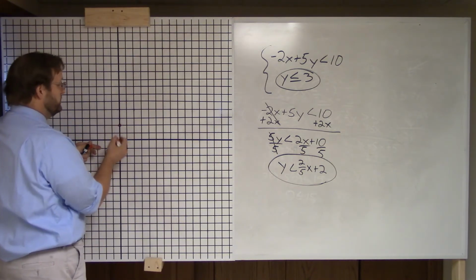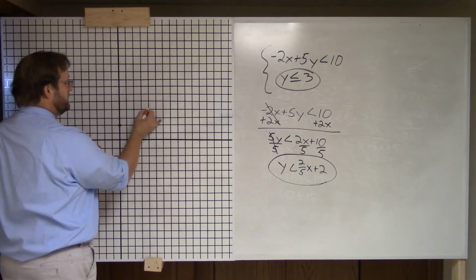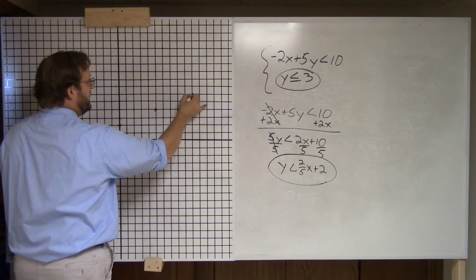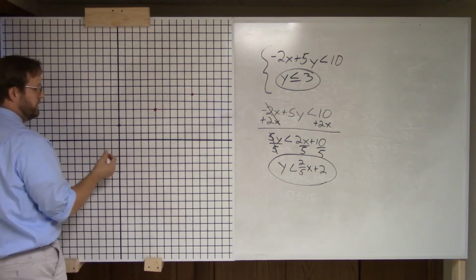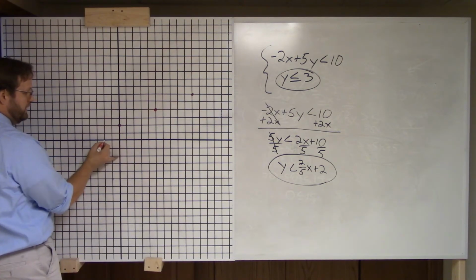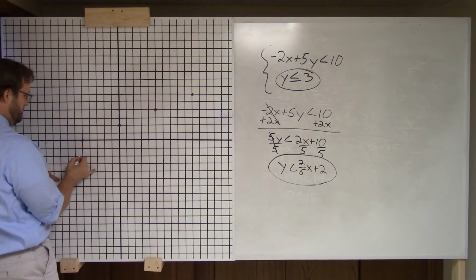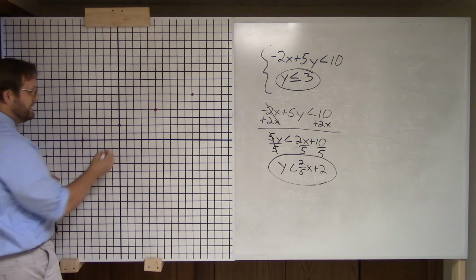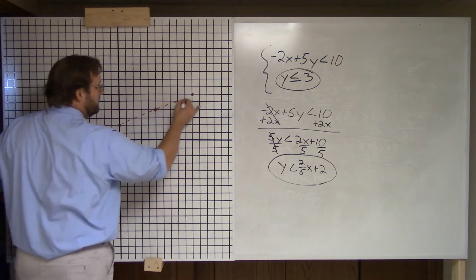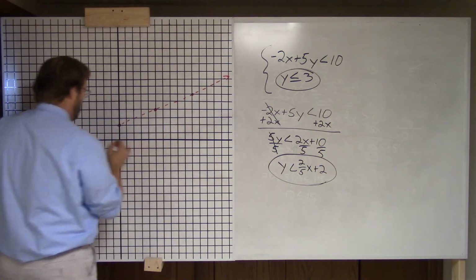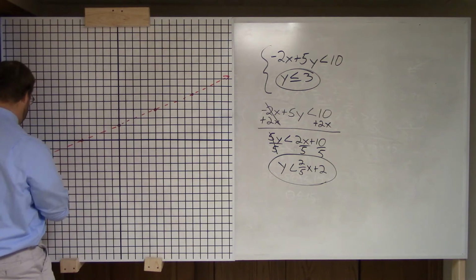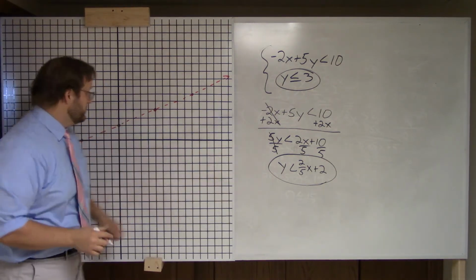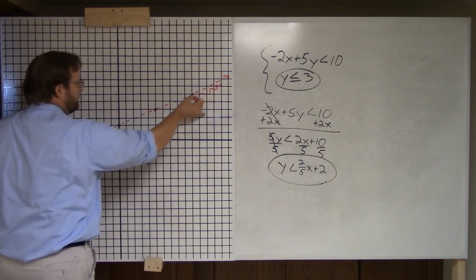And then I have a slope of 2/5, so up 2, right 5, up 2, right 5, and then I can go the other way as well, down and then left. Okay, that's going to be a dotted line. And then I am going to shade less than, so that would be down.